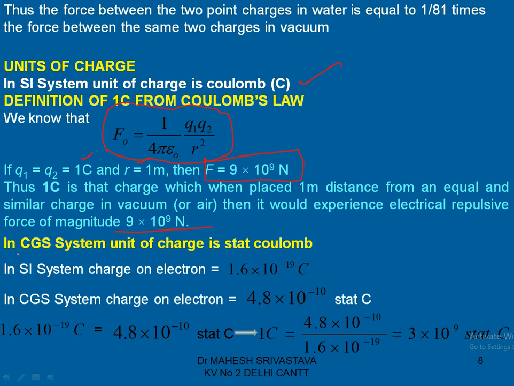Now in CGS system of units, the unit of charge is stat coulomb. Now we are going to find out the relation between coulomb and stat coulomb.